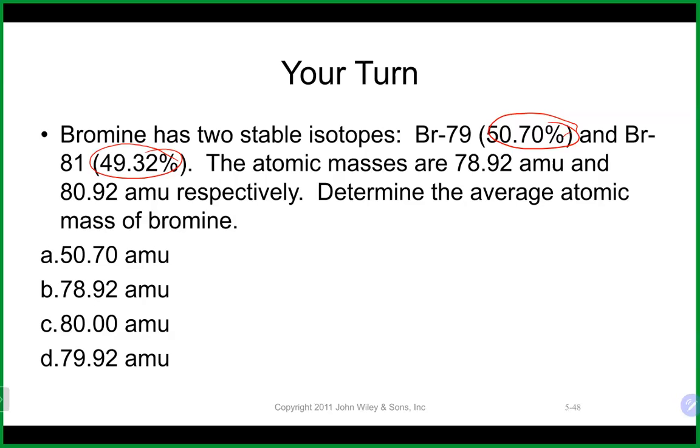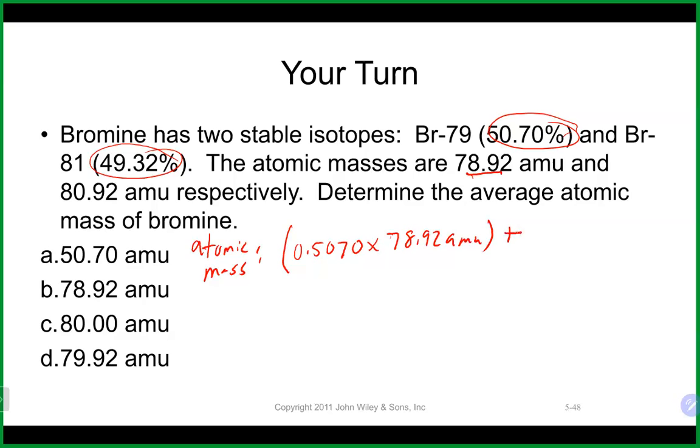So we want to use our formula where we're going to take the first isotope plus the second isotope and do our percentages. So taking our first isotope, the 79, I am going to move the decimal place 2 places to the left, which will convert my percentage into a decimal. Again, you could divide by 100 if you would rather do that. We're going to times it by the atomic mass of our first isotope, which is 78.92 AMU.